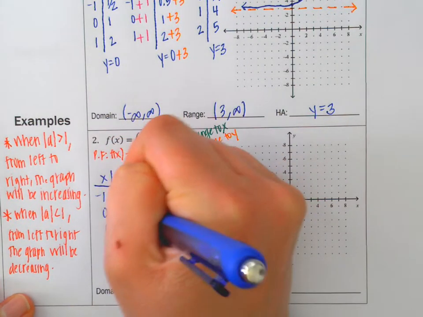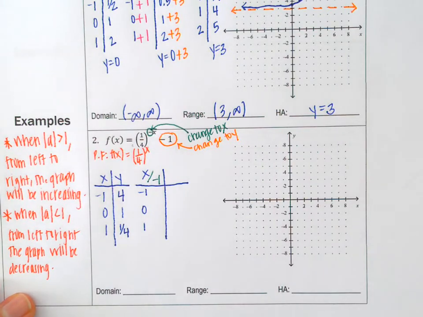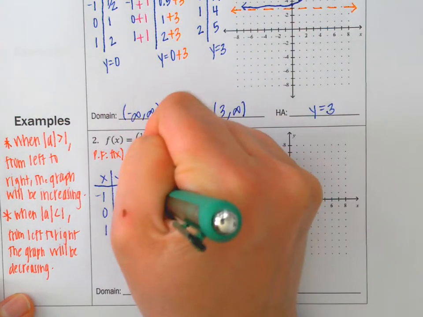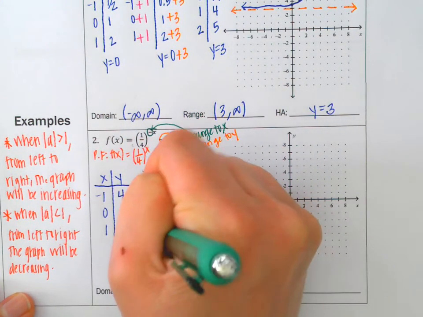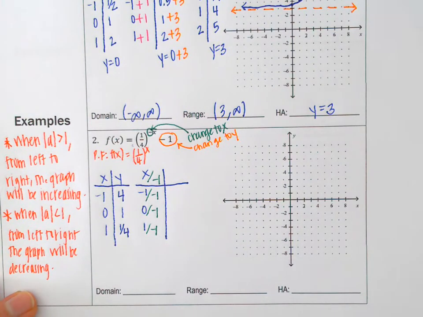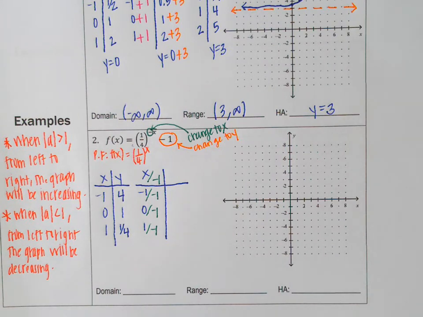Okay, so -1, 0, 1, we're going to be dividing all of these by a -1. Now, I want you guys to think, what is this -1? How is it affecting our graph? And if you remember, it's affecting our graph by reflecting the graph.